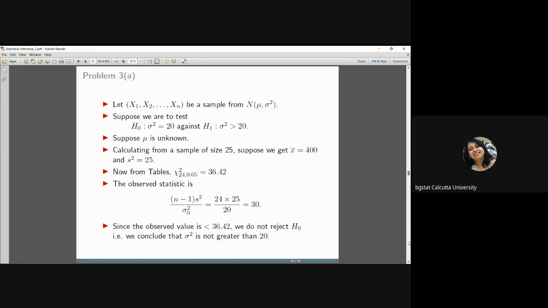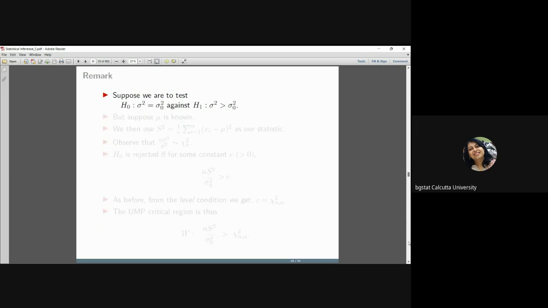So my n minus 1 S squared by sigma naught squared turns out to be equal to 30. And since it is less than the cutoff value, which is 36.42, my decision is that I do not reject H naught. So I don't have enough evidence to conclude that sigma squared is greater than 20.